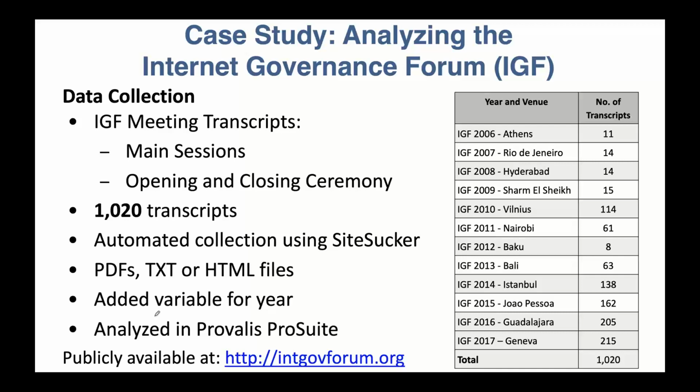Now, I have to say part of this was an accessibility feature, because this comes from the closed captioning. So it's imperfect, it's a limitation. Like every study, every technique has limitations, but it does give us 1,020 transcripts to be able to study over this 12-year period.